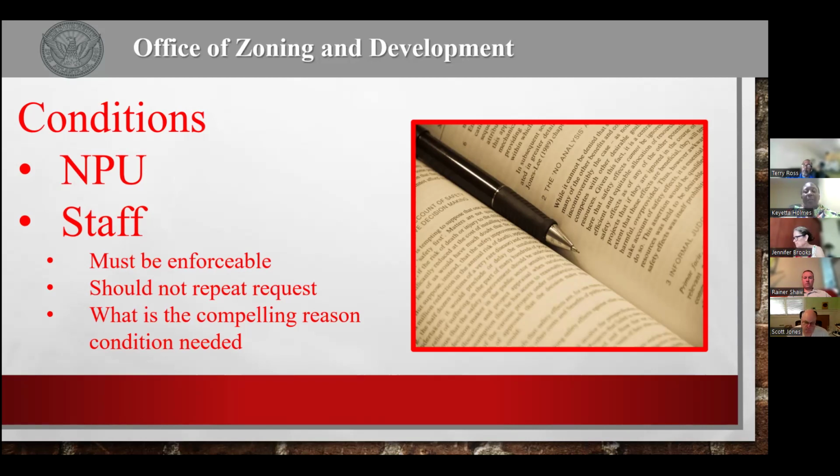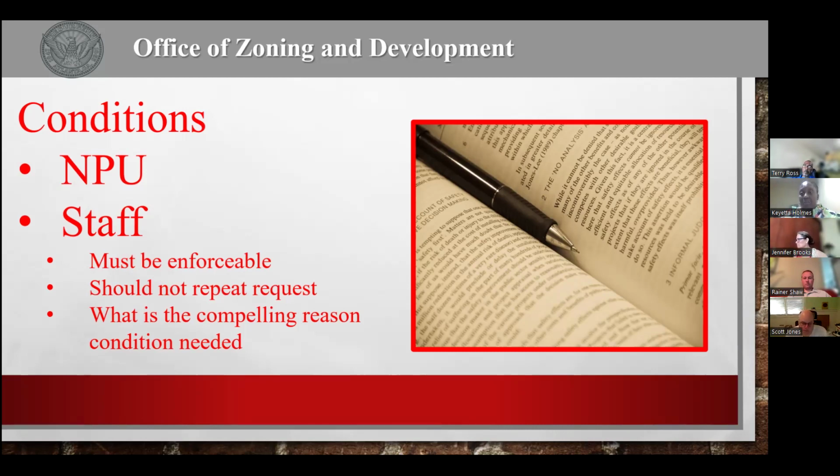When they submit their building permit to the Office of Buildings, because there are conditions on that application, they then have to come back to the Office of Zoning and Development for someone in that office to re-review what has already been reviewed in the request, which is why sometimes that conflict is between the staff in the Office of Zoning and Development and the NPU when you see those conditions not a part of the staff recommendation, because we understand that they have already been through the entire process.